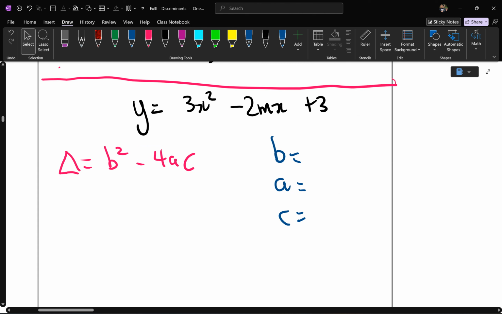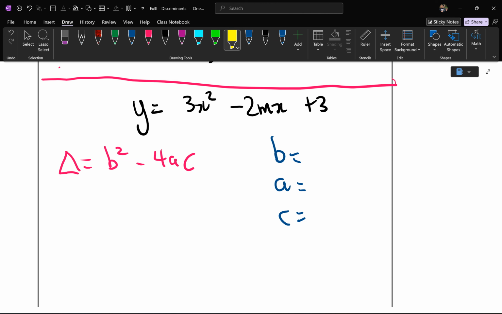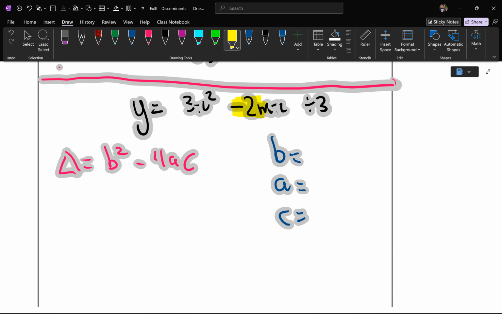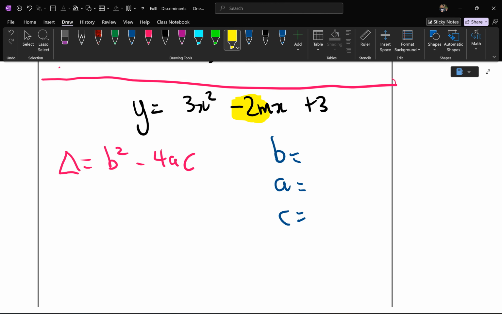We'll be careful. Negative 2m. So this is where I normally catch students out. That's why I put B first, because it's the coefficient of x. It's what you're multiplying to x. So in this case, this is your B, not just the number. That's what you've been doing so far, but understand it is the number that's multiplying to x. So that negative 2m is your B.